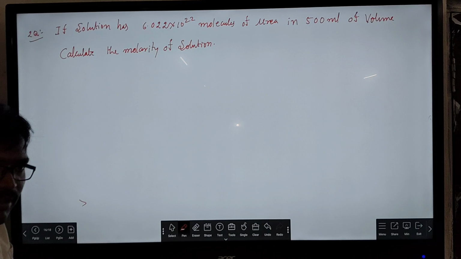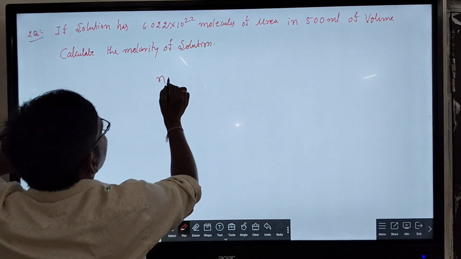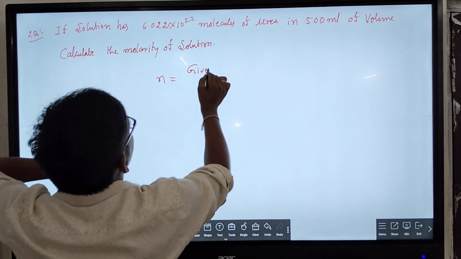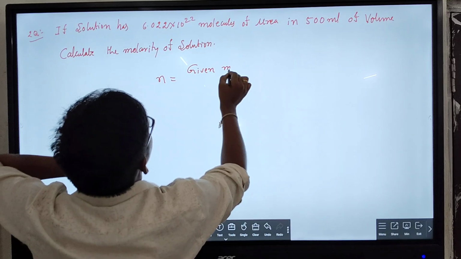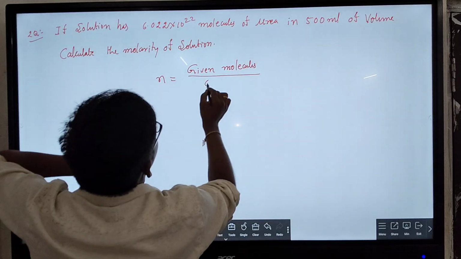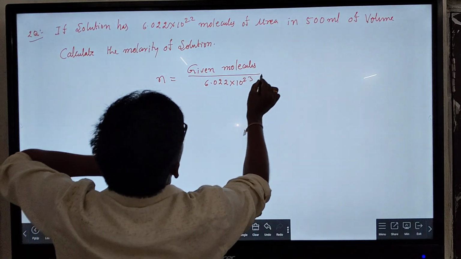Here they have not given any weight or number of moles, but you have to calculate the molarity from the number of molecules. When the number of molecules is given, you can calculate the number of moles. The formula is given molecules divided by 6.022 into 10 to the power of 23.